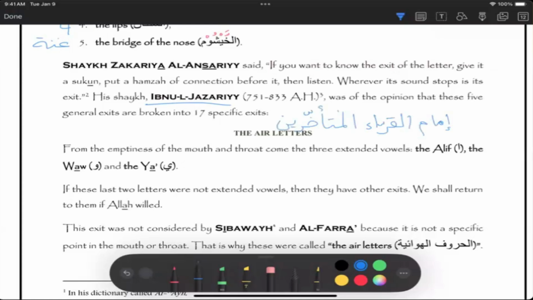Yani he is the Imam or the Sheikh of the latter-day reciters. This means no one who came after him is at his level.